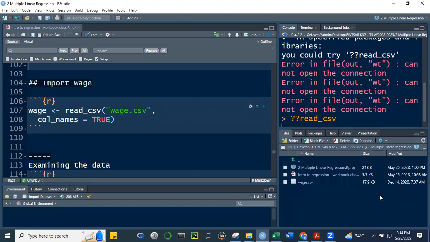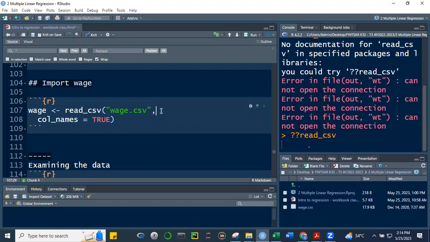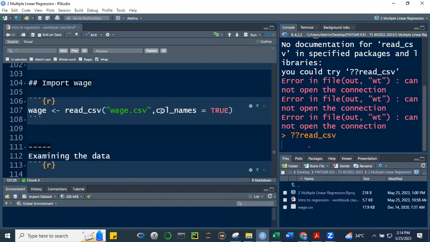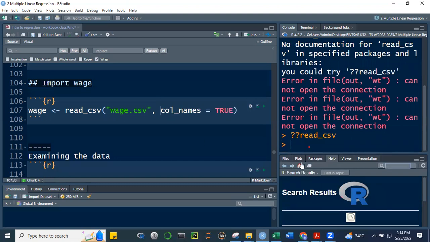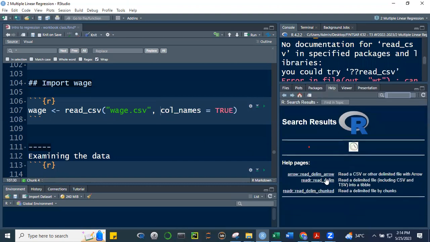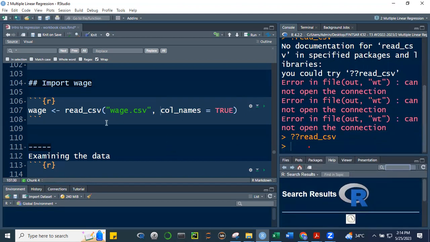Okay. It's almost time. So dito na tayo mag-end, no? Yung read underscore CSV. But let's just try this. Itong function na to. Right. So, tingnan nyo lang din, class, kung ano ginagawa nitong read underscore CSV. So, we're creating this object called wage. Okay, and then we're using this read underscore CSV.